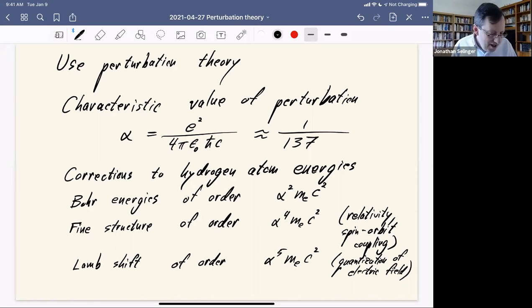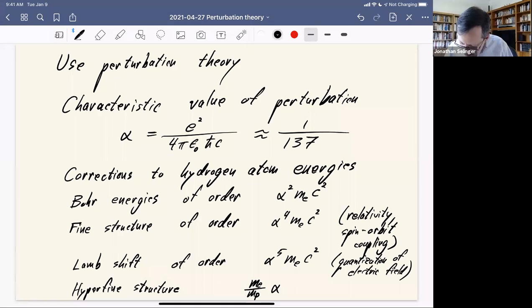And there is something more that gets the fancy name of the hyperfine structure, which has an extra factor of the mass of the electron divided by the mass of a proton times alpha to the fourth times the mass of the electron c squared.